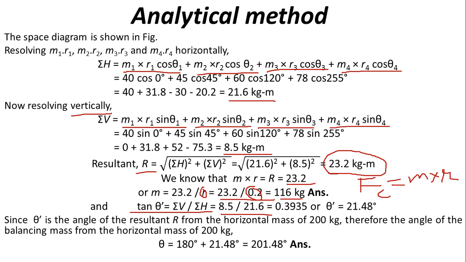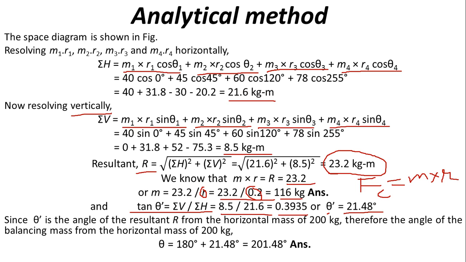So you get summation V by summation H as 0.3935, and tan inverse of this gives the angle, that is theta dash, which will be 21.48 degree. So what is this 21.48 degree? That is theta dash, the angle of the resultant, measured from the horizontal mass, that is the 200 kg mass.